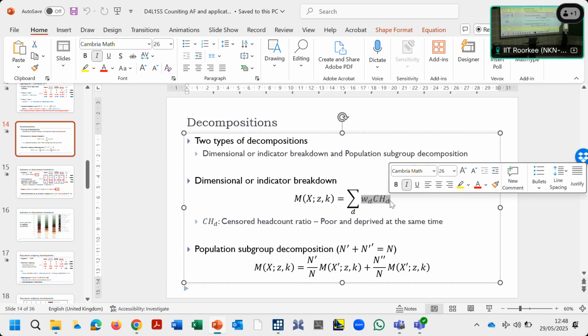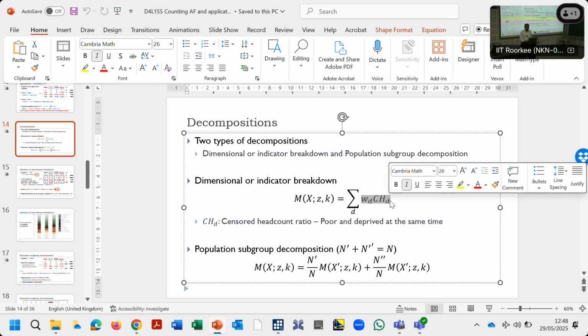This is your absolute contribution to M0, and your relative contribution is going to be W1 CH1 divided by M0 plus W2 CH2 divided by M0. The total contribution will be 1 or 100%. Clear?